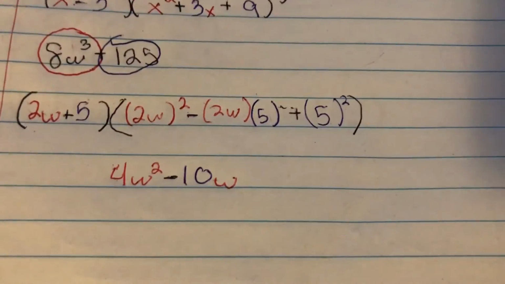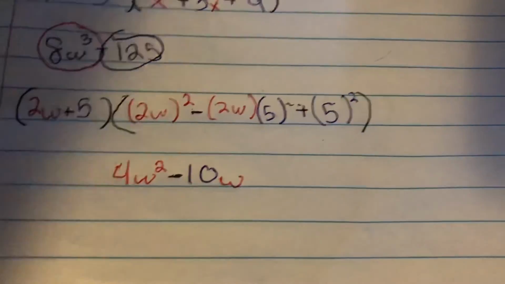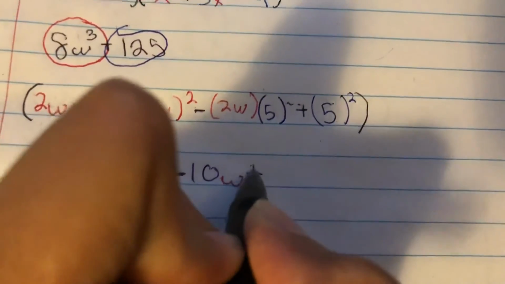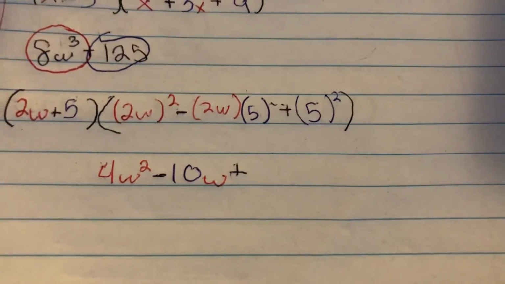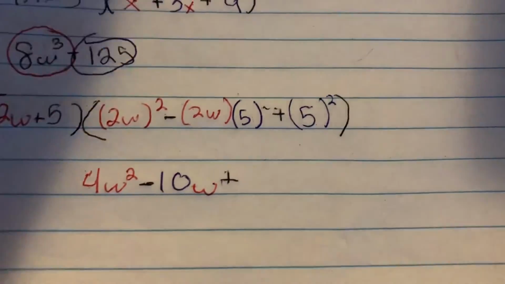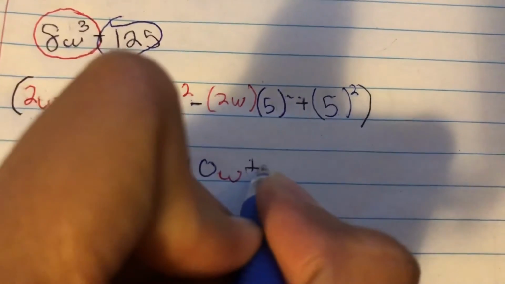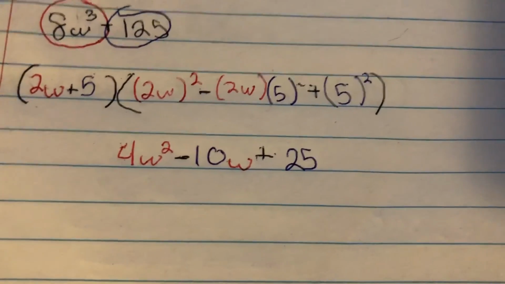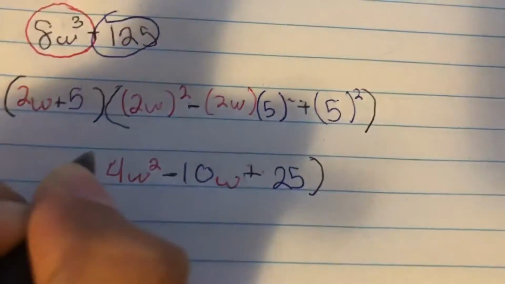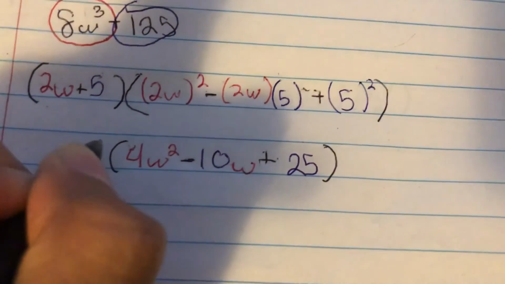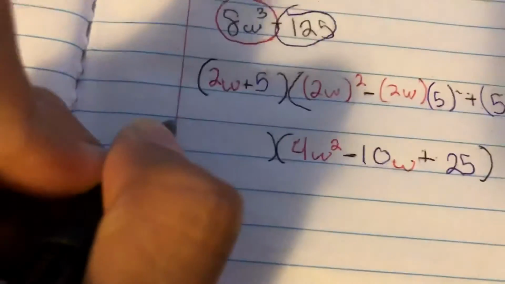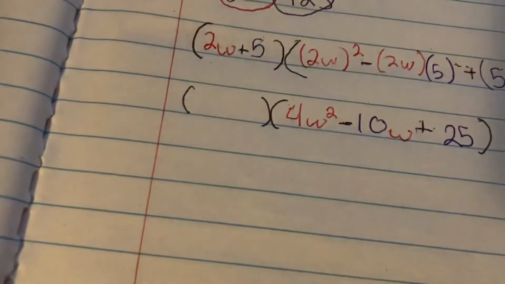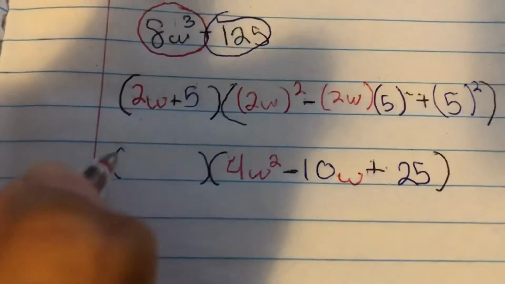And then we're gonna square that 5, which gives us 25. We're gonna bring down that plus sign. So we haven't really done anything, we just simplified it, in other words. And this first part, we're just gonna bring it down. And we're gonna color code those for you guys.